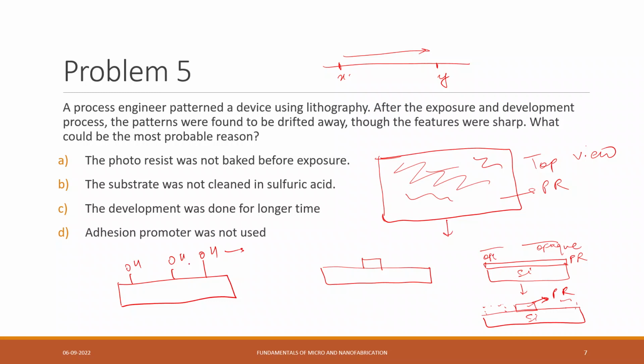So to modify the silicon surface from hydrophilic to hydrophobic, we usually use an adhesion promoter. An adhesion promoter like HMDS is used such that you get coatings of silicon CH3.